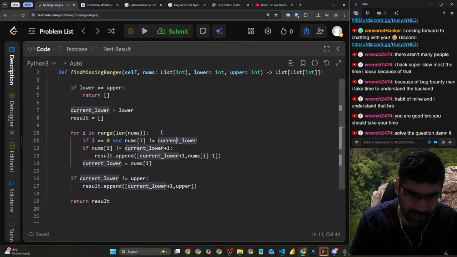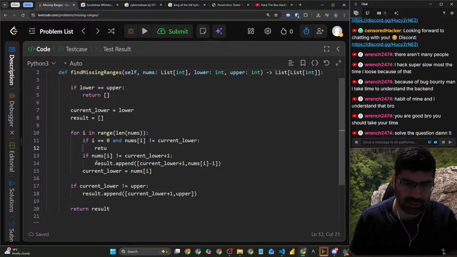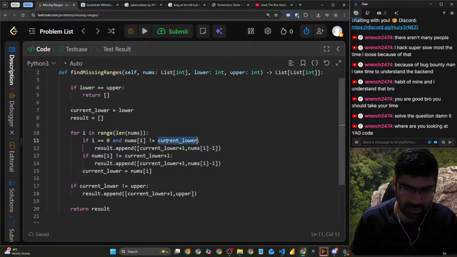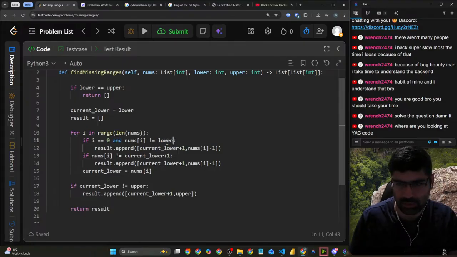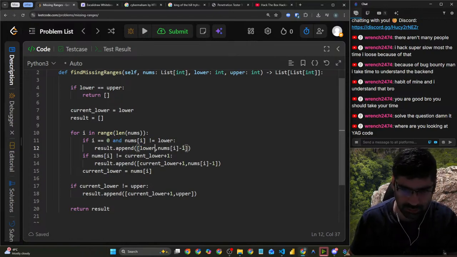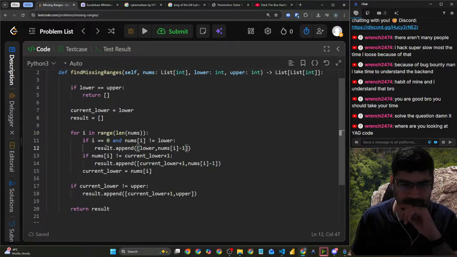If I is equal to 0, nums I not equal to current lower, then... Lower nums I, minus 1.